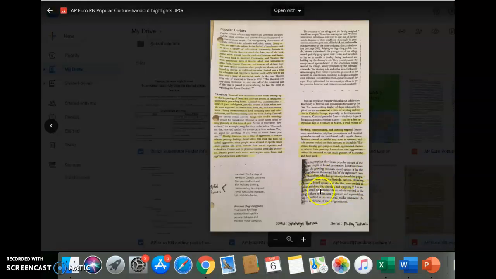And y'all, this very last part, I tried to zoom in on it, but it's not letting me, so I'm just going to read it to you and just make sure, again, you highlight it or you underline it on your copy. These elites who had previously shared the popular enthusiasm for religious festivals, carnival, drinking in taverns, blood sports, and the like, now tended to see superstition, sin, disorder, and vulgarity.